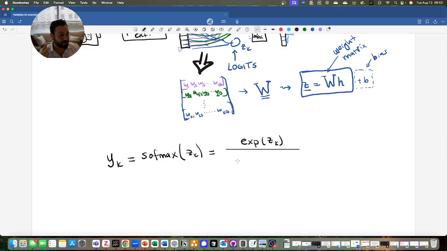As I mentioned, the yk is a probability value. It has to be between 0 and 1. They have to sum to 1. So I am introducing the summation to the denominator. So I'm calculating the e to this of all of the classes, exponential zj, right?